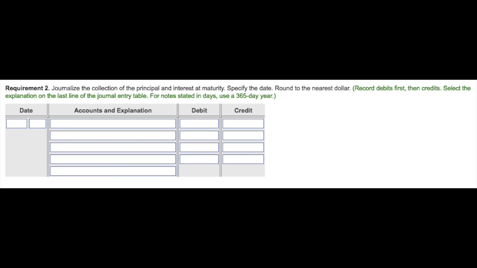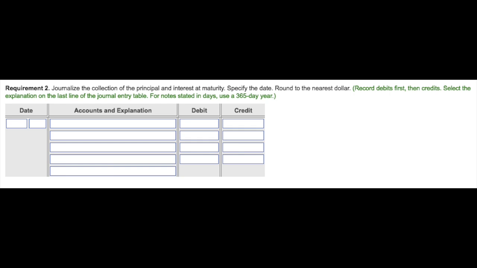Now that we have calculated the interest due, we can calculate the total amount due from Sherry Silverthorne. You plug in the notes receivable from Sherry Silverthorne, which was the $100,000, plus the interest due of $1,726, and that would equal the total amount due from her, which would be $101,726.